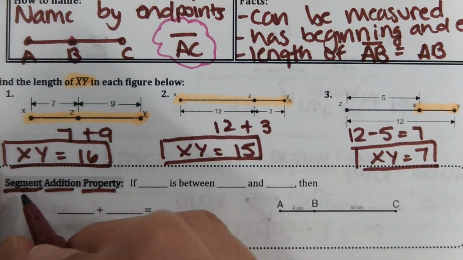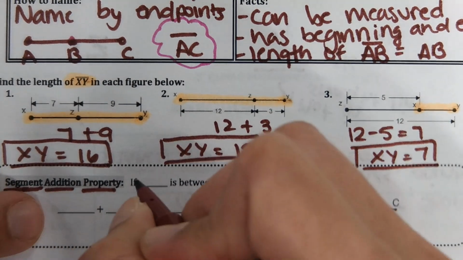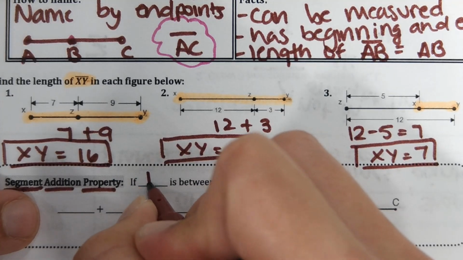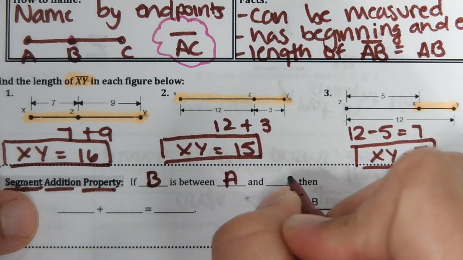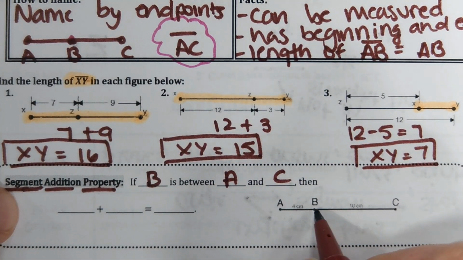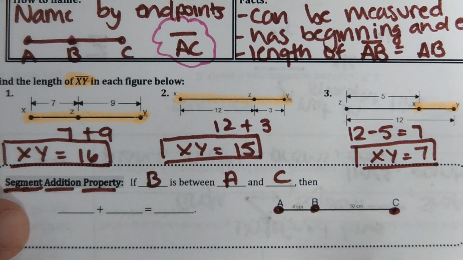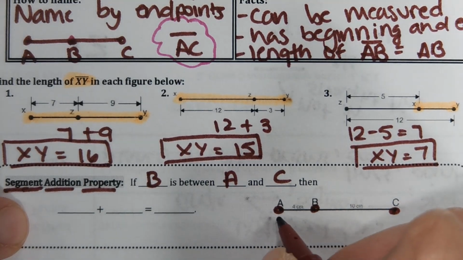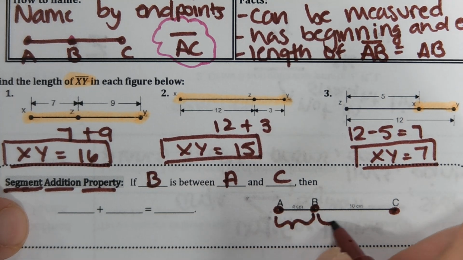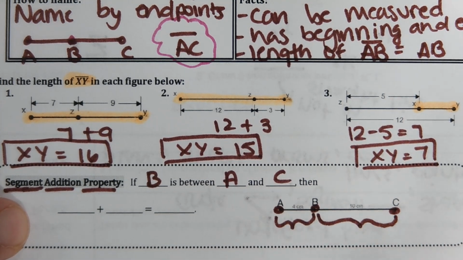So the segment addition property is: if point B, let's say, is in between A and C, and that's what they're showing here, then segment AB plus segment BC equals the length of the whole thing.